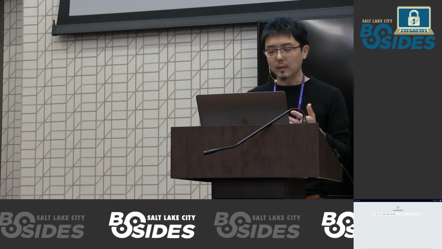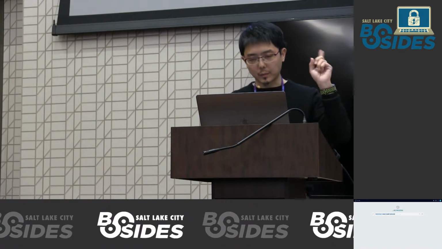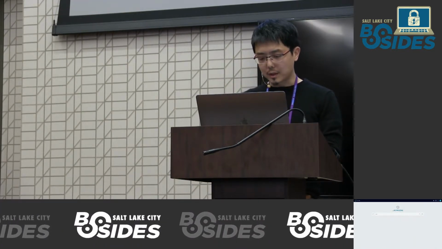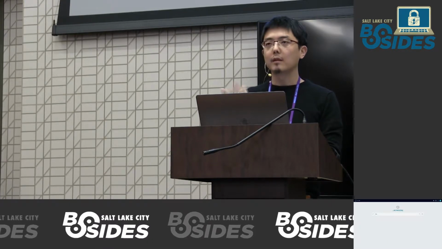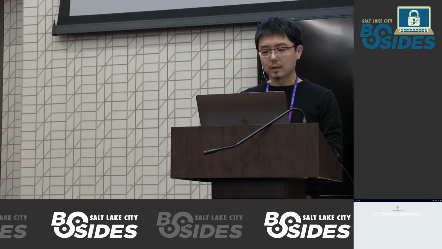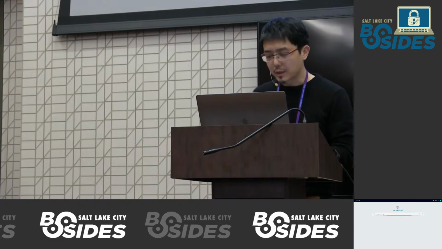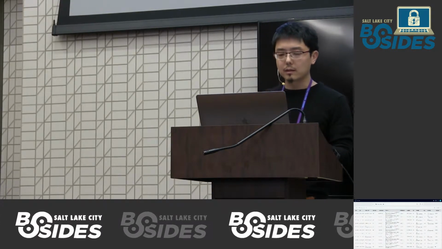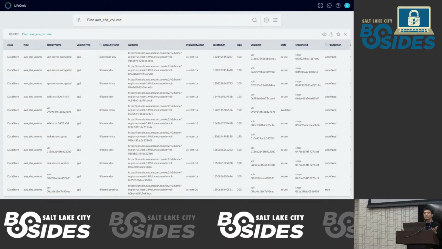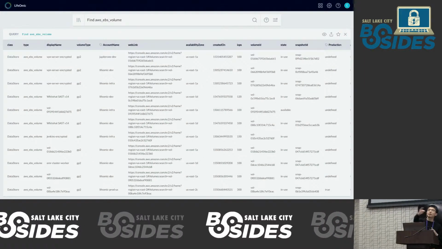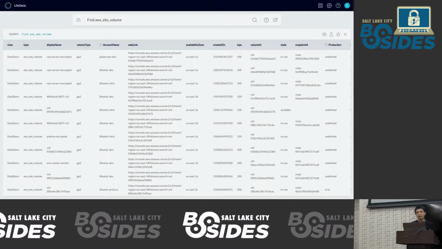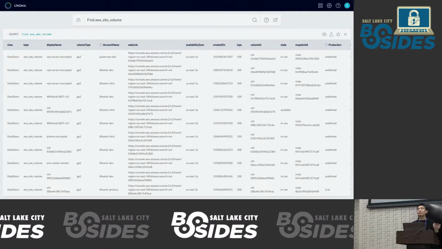So now these are the questions I typed in by just typing the keywords. I'll type in something specific, like find AWS EBS volume. This simple query starts with finding all the volumes. And also to add on to your question, maybe you might be interested in saying, okay, are there volumes that are not encrypted, right?